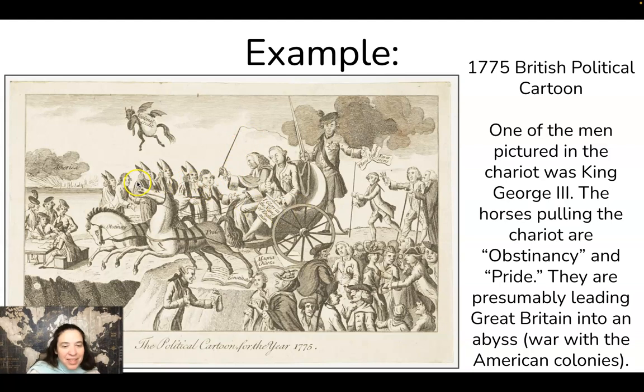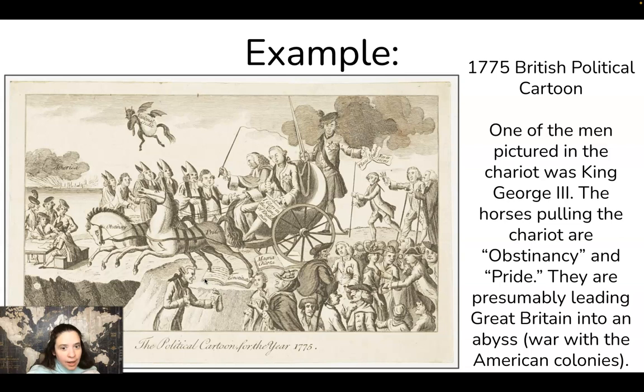And have some of these people dramatize, show what this primary source would look like in real life. I love to point out how the horses are trampling over the Magna Carta and the Constitution. And I love the discussions that students have when they realize that not everyone in Great Britain wanted war with the colonies.